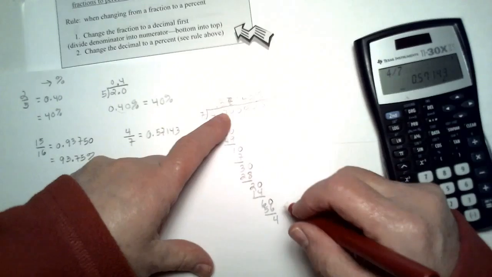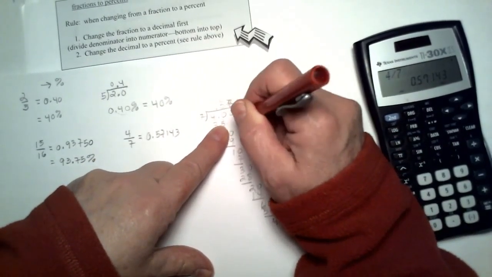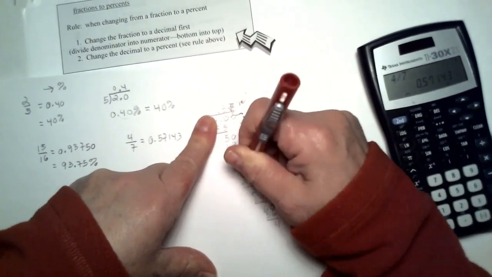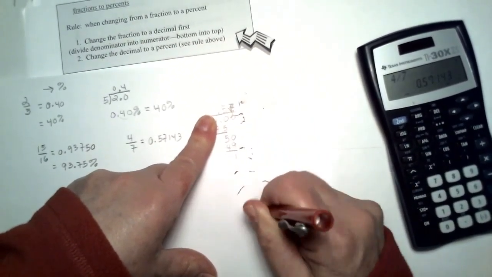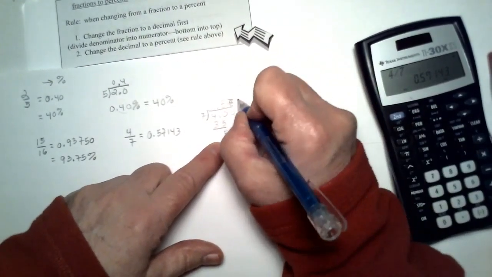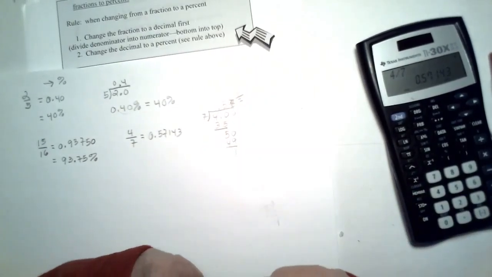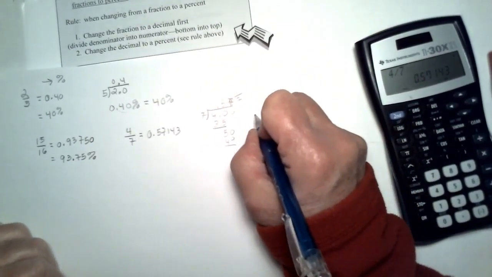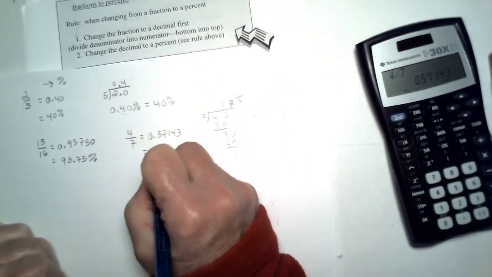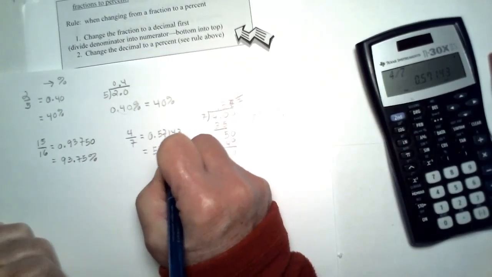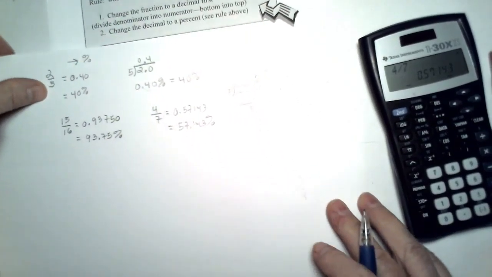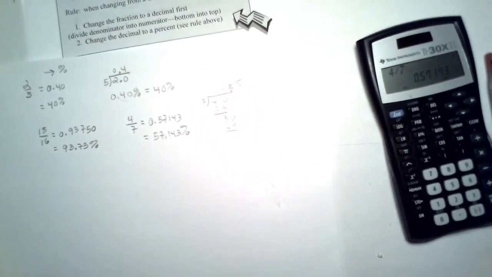If I only wanted to take it out 2 places, then all this here is gone and I have a remainder of 1, so I could say 1/7, and that's 57 1/7%. Or over here, 57.143%. It depends on what the directions are asking you to do.